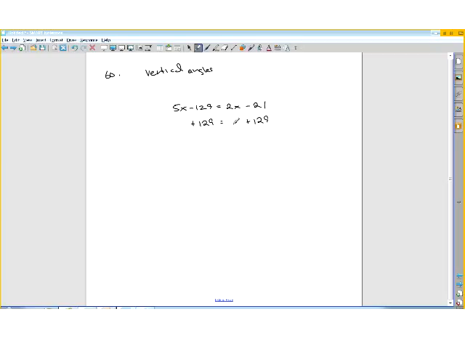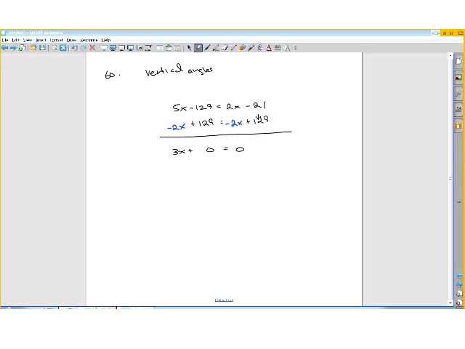It's like saying A is equal to A. So this will make this go to 0 when we add these two together. And here we subtract 2x from both sides. So we get the same thing on either side. And this goes to 0, of course. 5 minus 2 gives us 3.